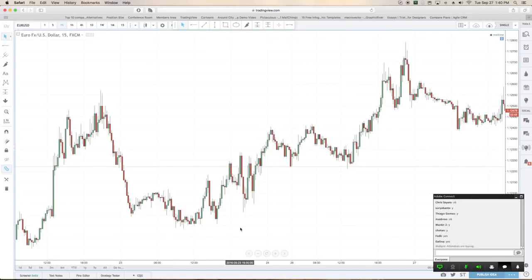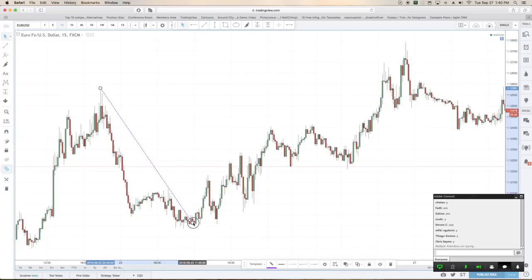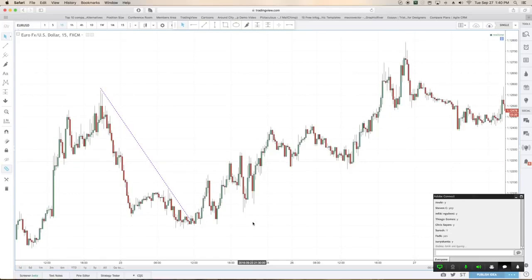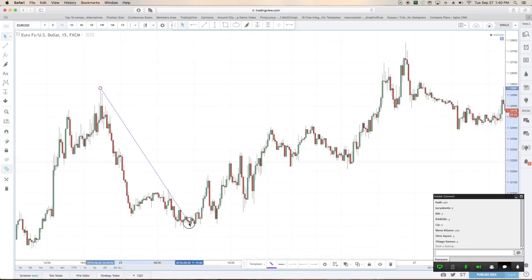Breakouts can also happen from trend lines, right? Would you guys agree that this is a trend line here if I draw it like that? So if I draw my trend line like that, my breakouts start happening here.